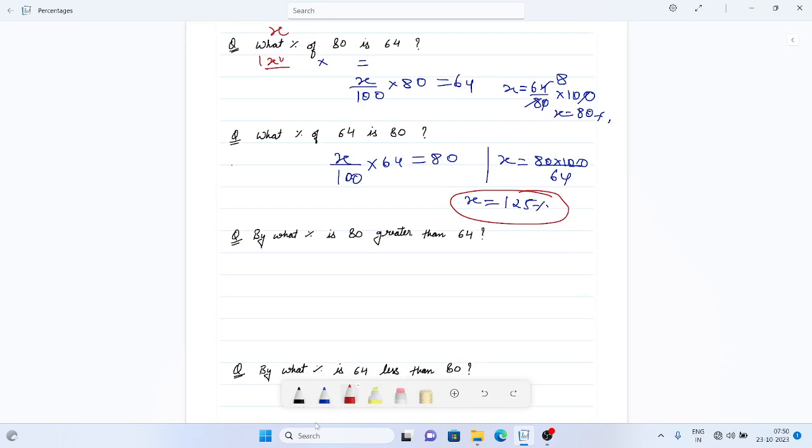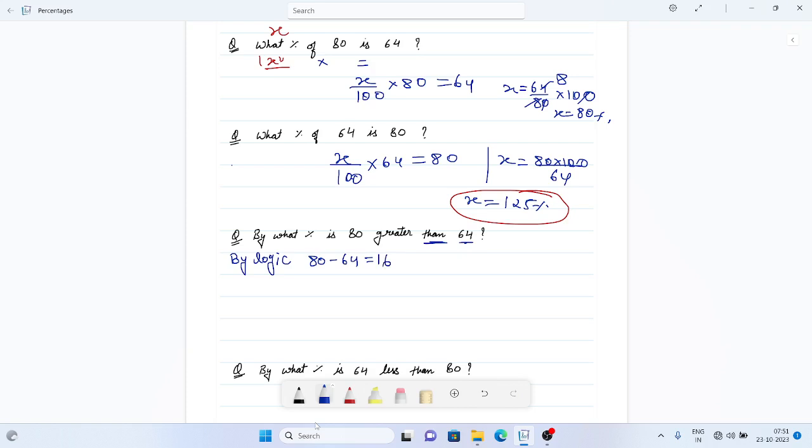Now one type of question. What percentage of 80 is greater than 64? Now you also get one keyword: the number is compared with 64, so 64 will always come in the denominator. If by logic we see, how much is 80 greater than 64? I write 80 minus 64, which is 16.